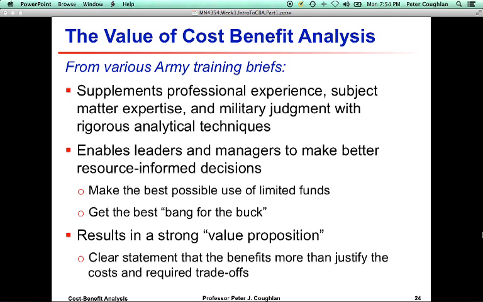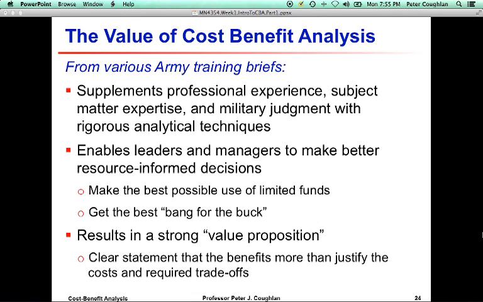Now, why is it that the Army says we have to do cost-benefit analysis? Well, because they see significant value. Quoting from various Army training briefs about the value of cost-benefit analysis to the Army enterprise, here I will make a rare exception and quote word for word. Cost-benefit analysis is valuable because it supplements professional experience, subject matter expertise, and military judgment with rigorous analytical techniques.